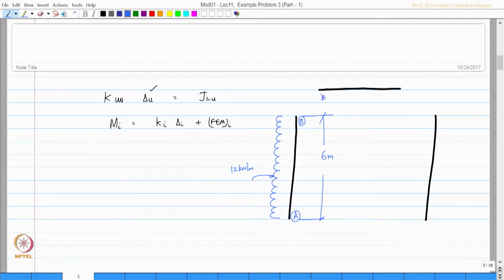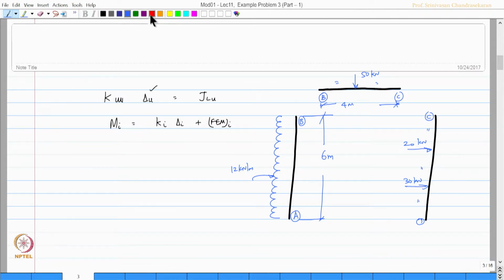Similarly, for BC we had a point load of 50 kilonewton which is equally spaced, and this distance is 4 meters, and for CD we had again loads which are 20 kilonewton and 30 kilonewton which are equally spaced.